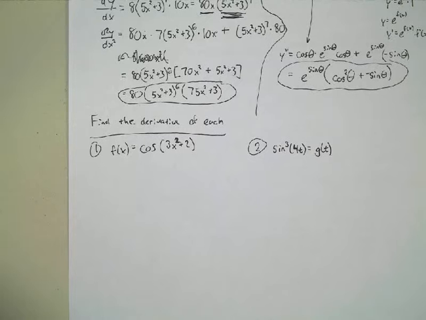Not quite. It's going to be 3 sine squared of 4t, then times the derivative of sine of 4t, and then times the derivative of 4t. You go one layer at a time. So 3 sine squared of 4t, then times the derivative of sine 4t, which is cosine 4t, and then times the derivative of 4t.